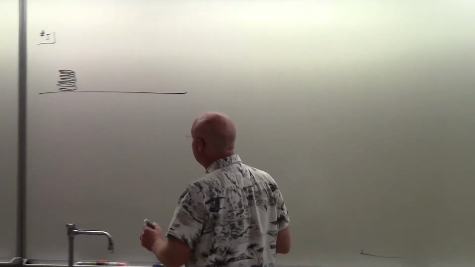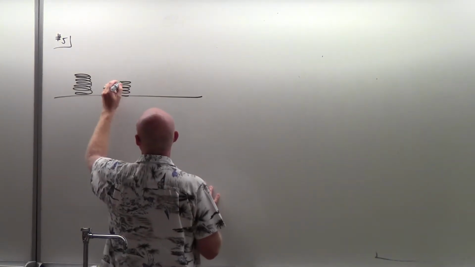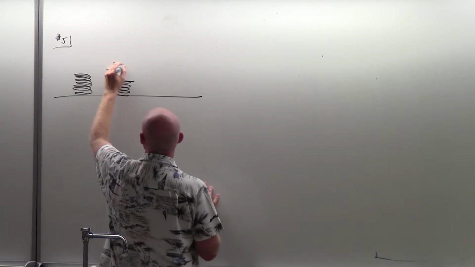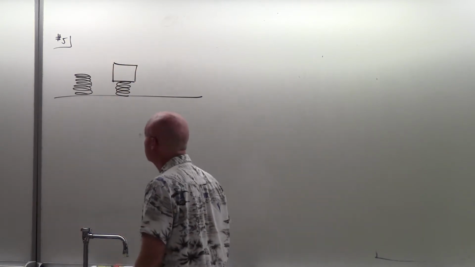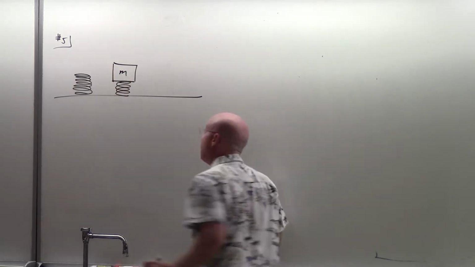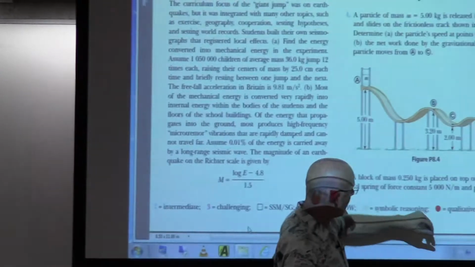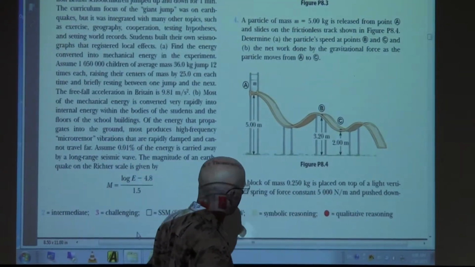And so what's going to happen here is I'm going to come along then and place a box on top of it and push down. And so I will just call that mass little m. They, of course, give it in the problem as 0.25 kilograms is placed on top of a light vertical spring.